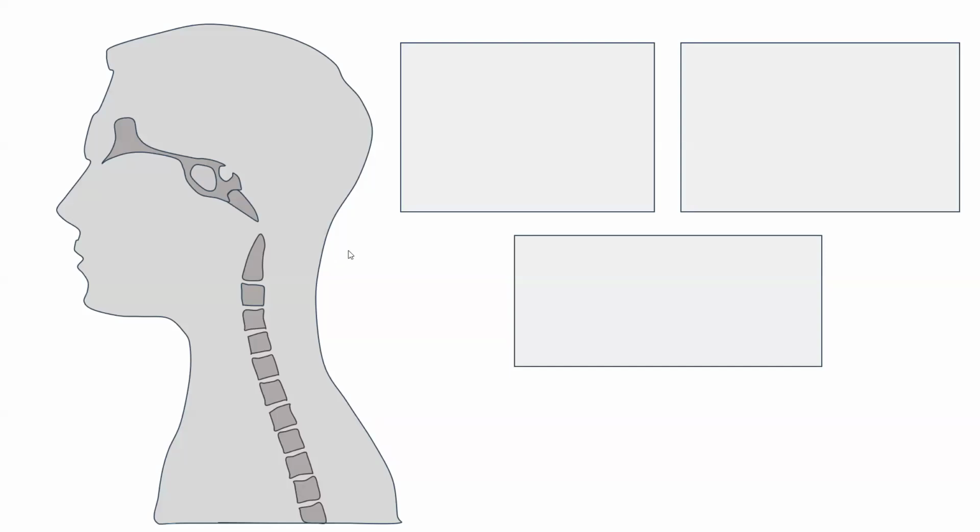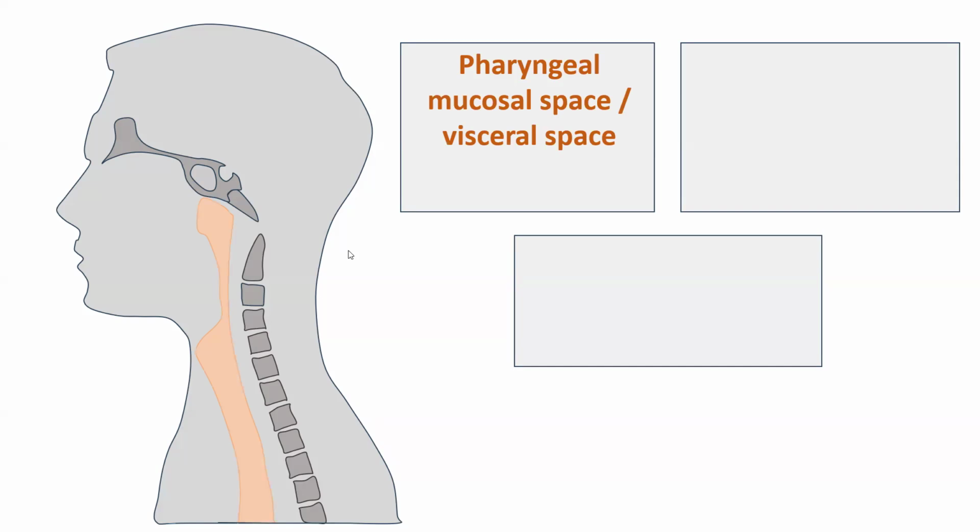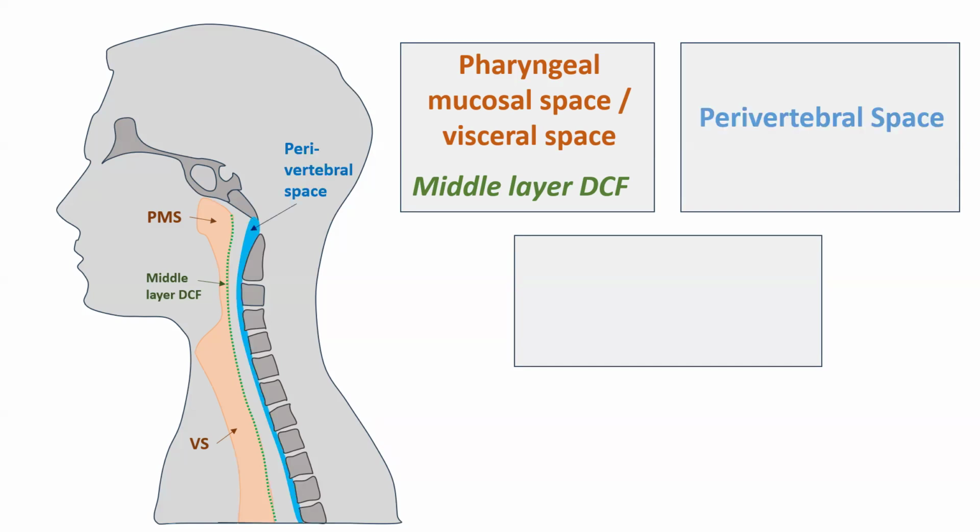Where is it located exactly? So this here is the pharyngeal mucosal space and visceral space. We know those spaces already. And these are lined by the middle layer of the deep cervical fascia. Then at the back, we have the perivertebral space.